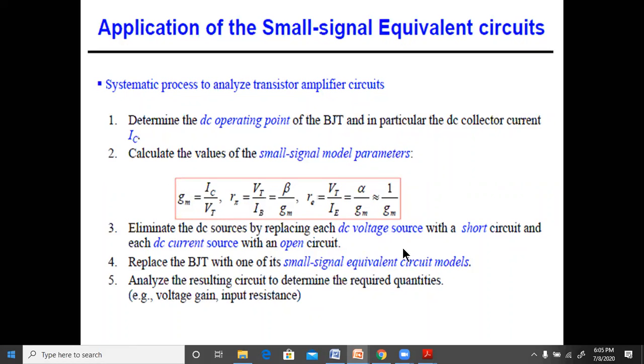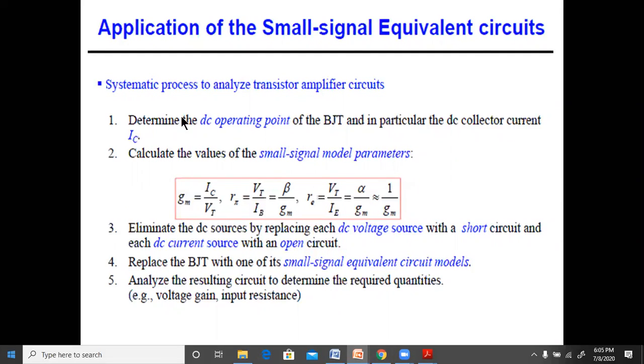Eliminate the DC sources by replacing each DC voltage source with a short circuit and each DC current source with an open circuit. Then replace the BJT with the small signal equivalent circuit model, either pi or T, generally pi, but sometimes T is also used. Analyze the resulting circuit to determine the required quantities, voltage gain and input resistance.